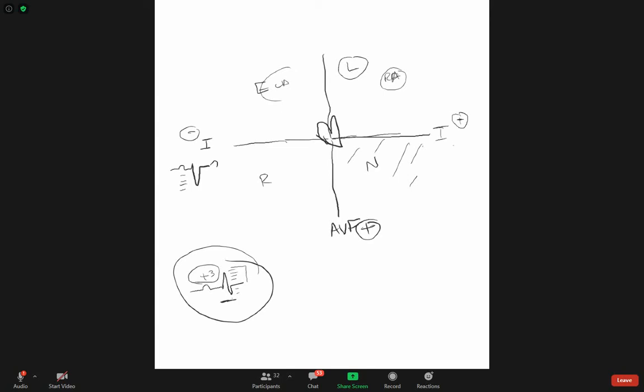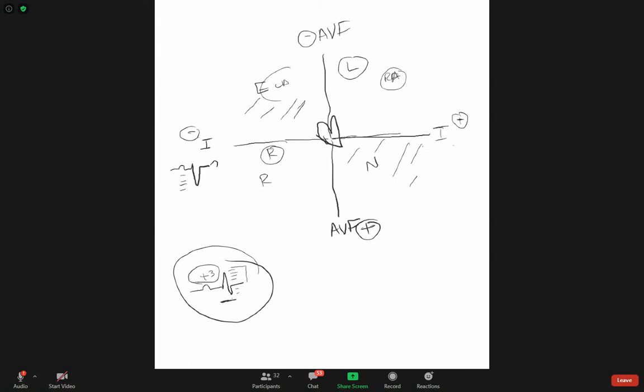You're going to have right axis deviation. But then let's go to the extreme. The extreme, or extreme left, is if you have a negative lead 1 and a negative lead aVF, and you're going to be in this quarter.